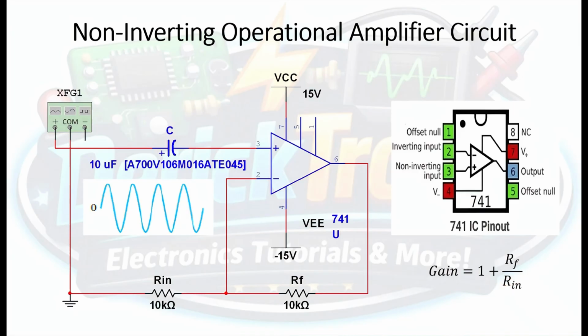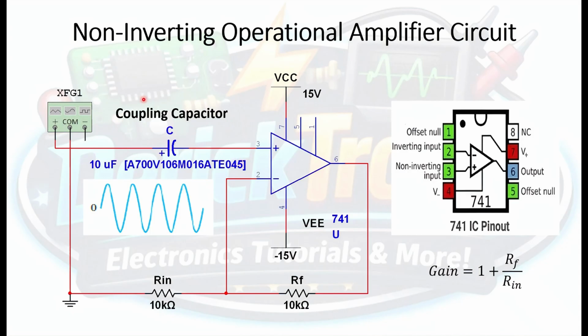Now, the capacitor that you see here between the function generator and the non-inverting input, we call that capacitor a coupling capacitor. We saw something similar in the inverting op-amp circuit. The only difference is that here, in the non-inverting op-amp, we connected the capacitor to pin number 3, which is the non-inverting input.